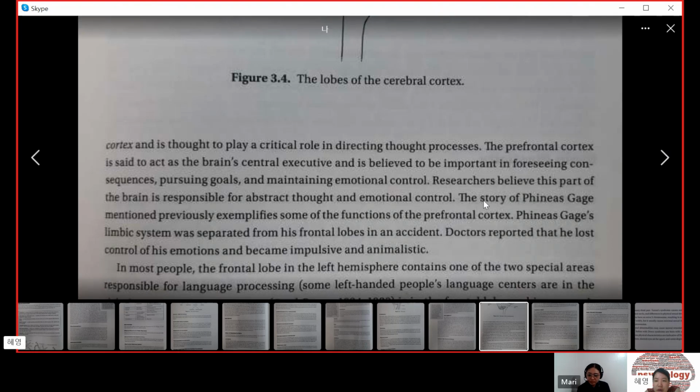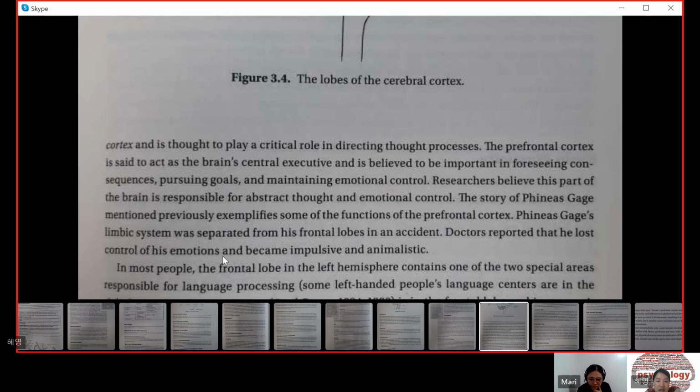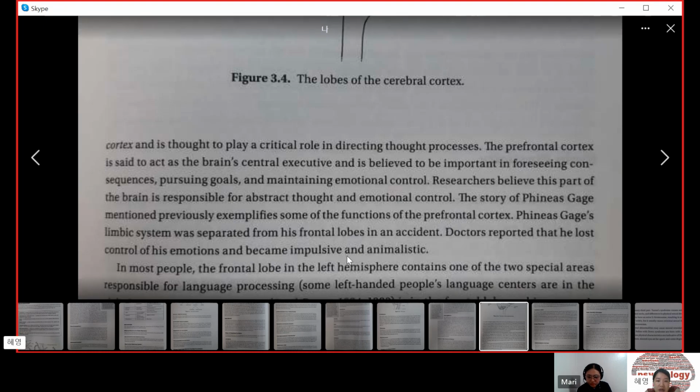The story of Gage mentioned previously exemplifies some of the functions of the prefrontal cortex. Gage's limbic system was separated from his frontal lobes in an accident. Doctors reported that he lost control of his emotions and became impulsive and animalistic.